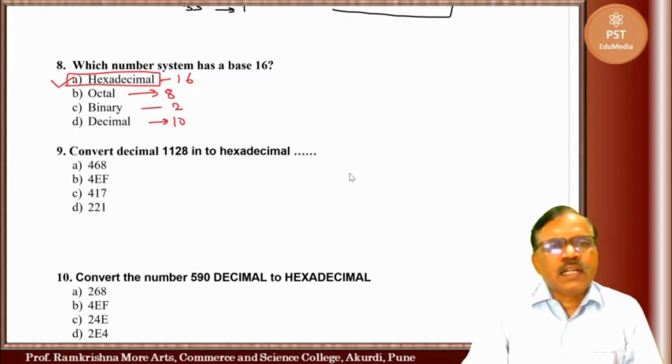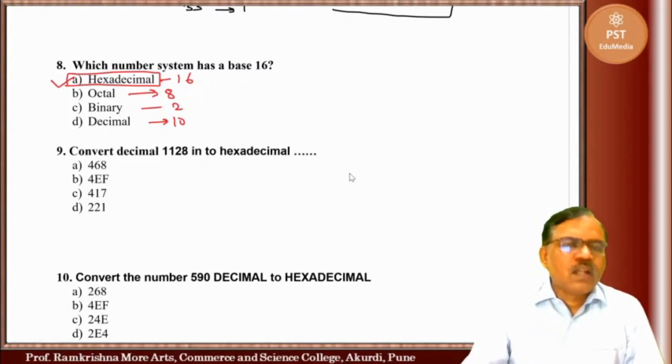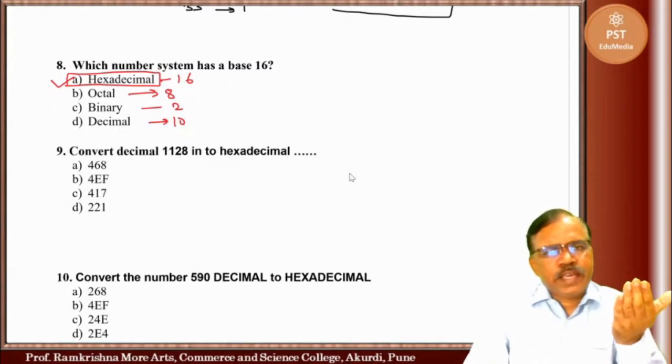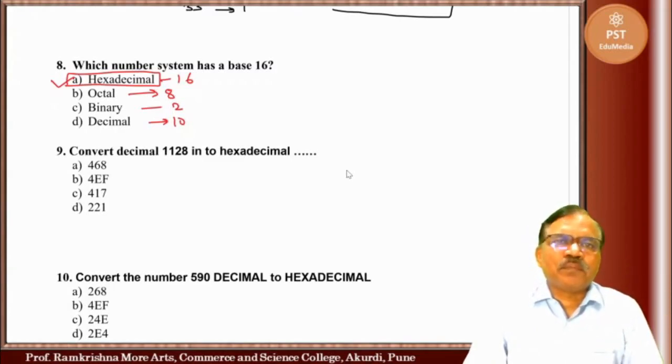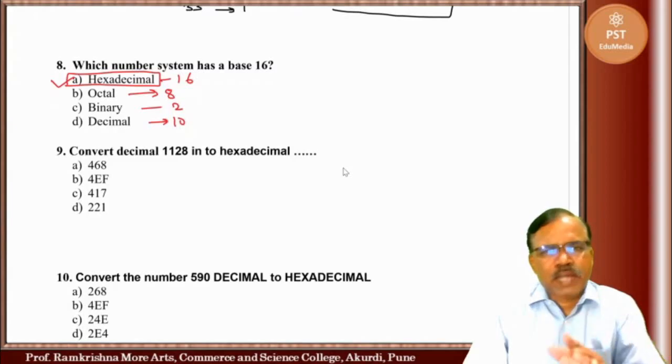Convert decimal 1128 into hexadecimal. Now you have to go the same way as decimal to binary conversion.